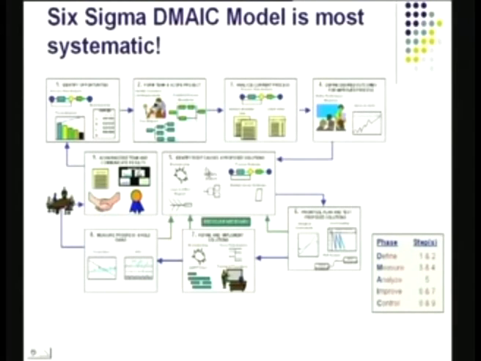Then of course you go after root causes. You work with the cause and effect diagram and a number of other ideas, such as brainstorming and flow charting, to pinpoint the root causes. Then at this point you prioritize the plan and do design of experiments, and you discover what we call the factor effects.